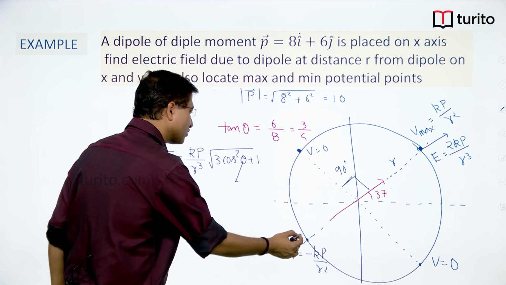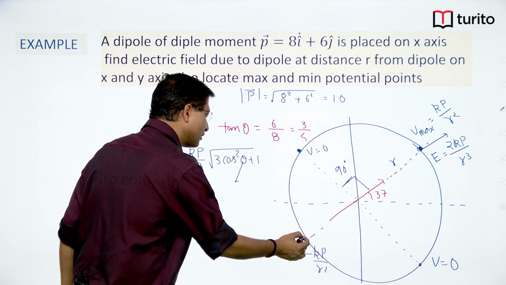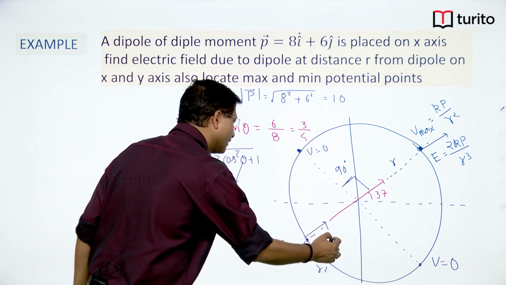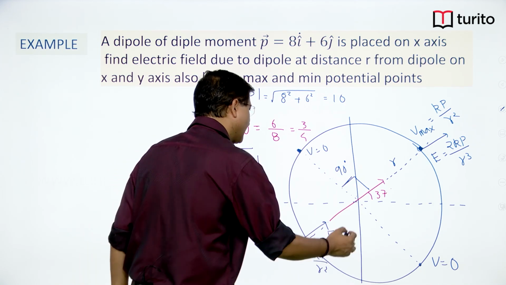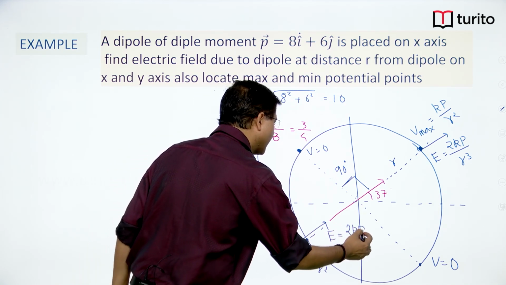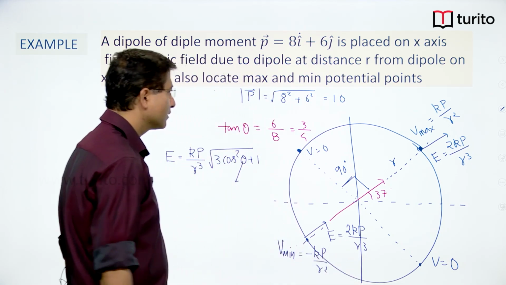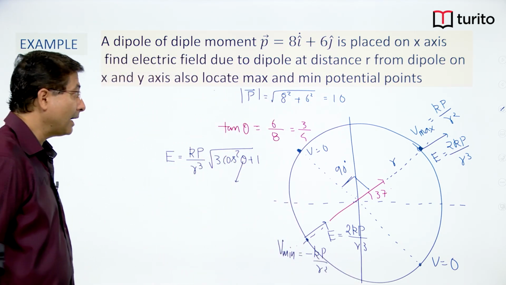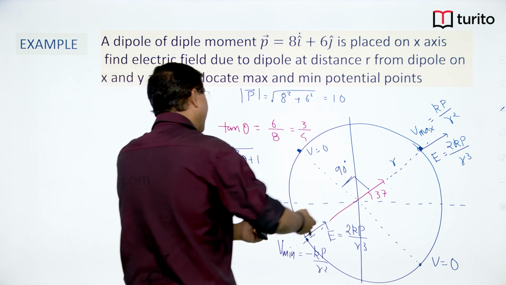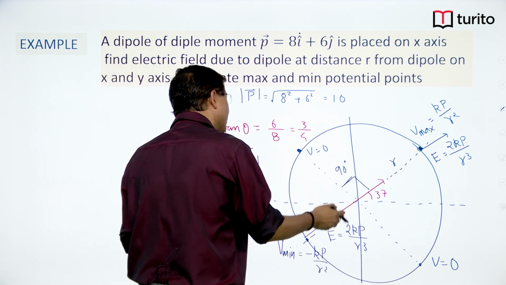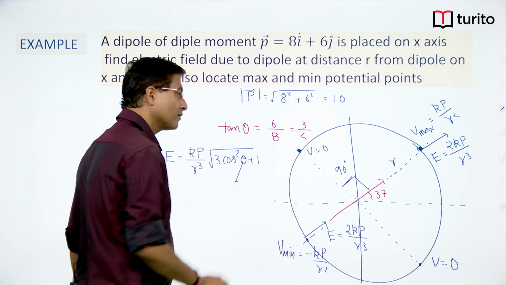The direction of field is the same, and the magnitude at this particular point is 2 kp divided by r cube. And perpendicular to the dipole moment is the bisector.